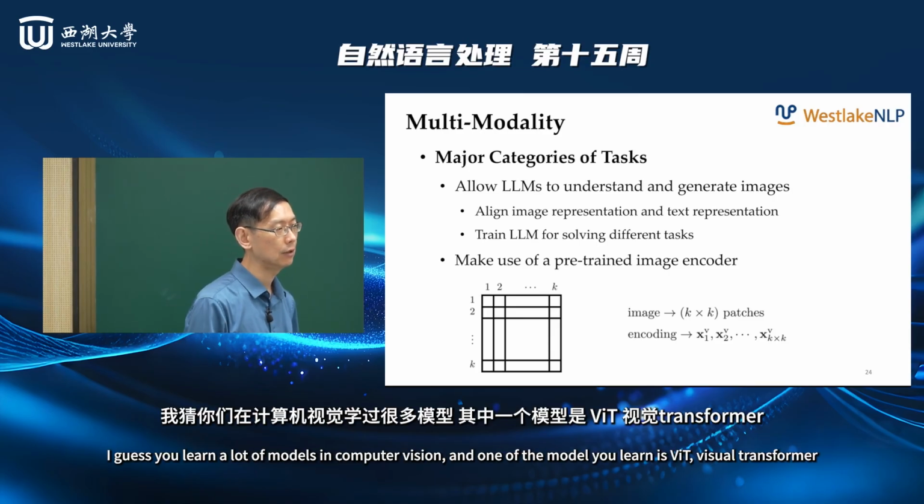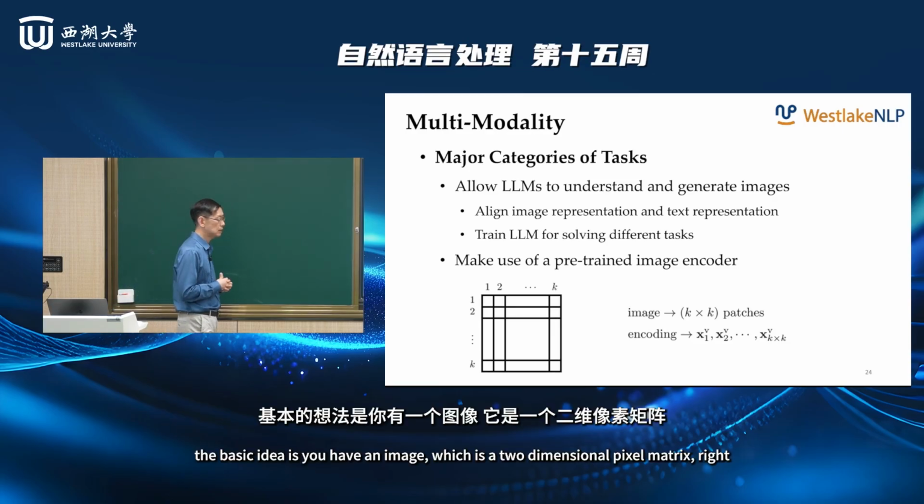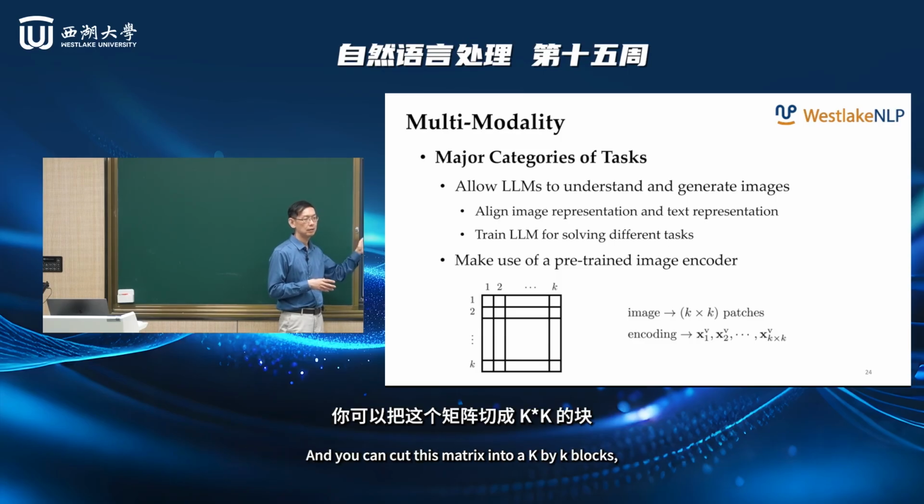All right? So the first question is, how do you turn an image into a token sequence? I guess you learned a lot of models in computer vision. And one of the models you learned is ViT, right? Visual transformer. So the basic idea is you have an image which is a two-dimensional pixel matrix, and you can cut this matrix into K by K blocks.